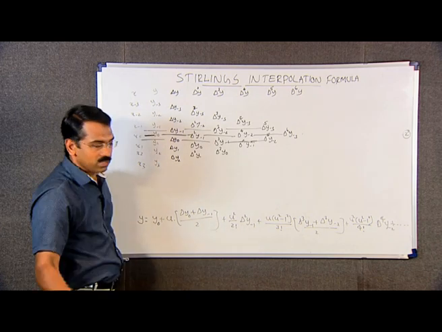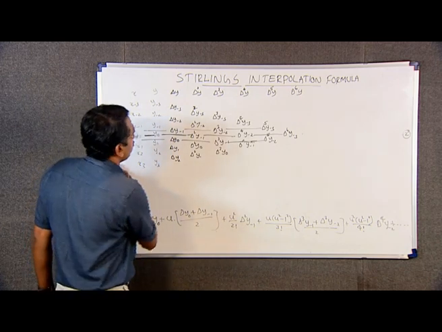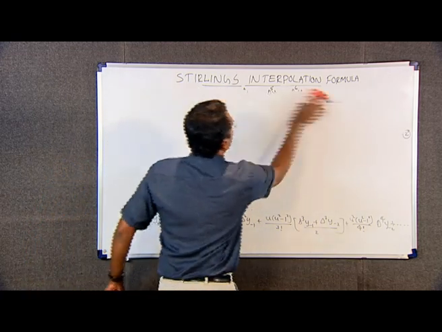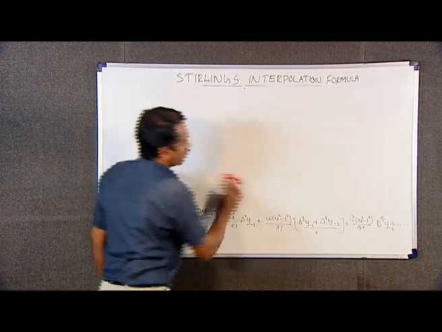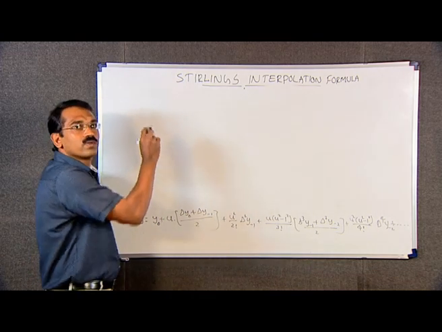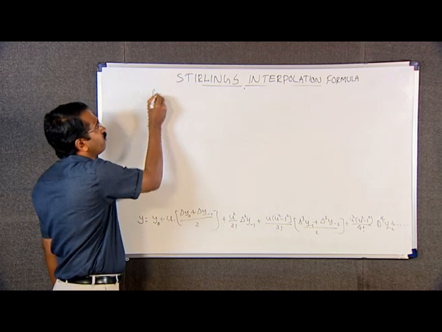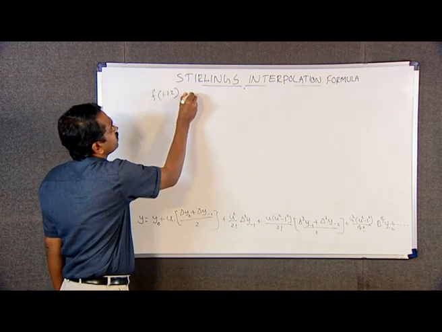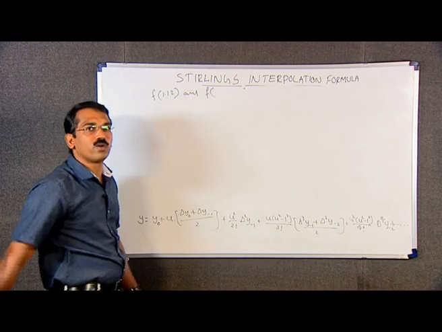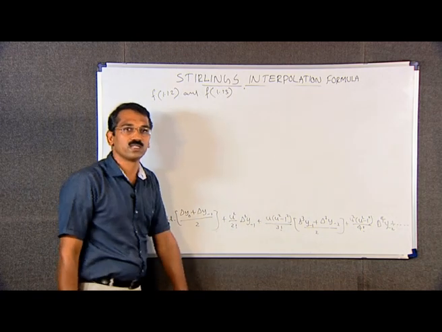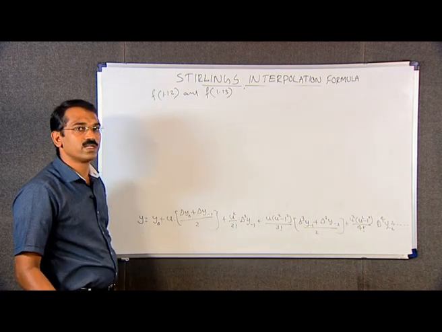Now, consider an example. Evaluate f of 1.12 and f of 1.13 using Stirling's interpolation formula from the given table.